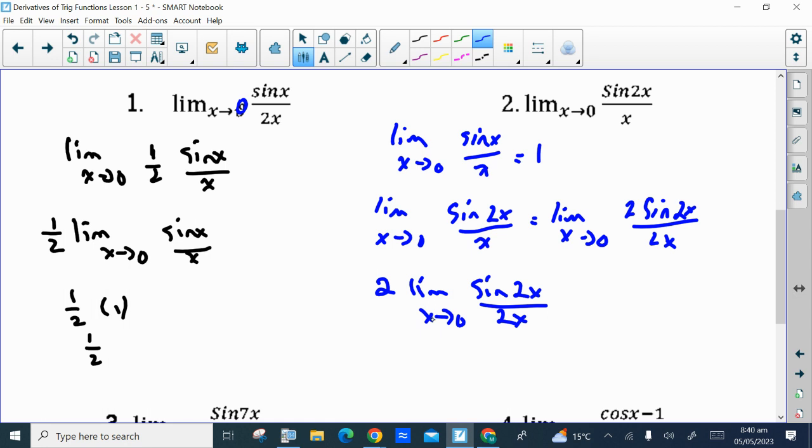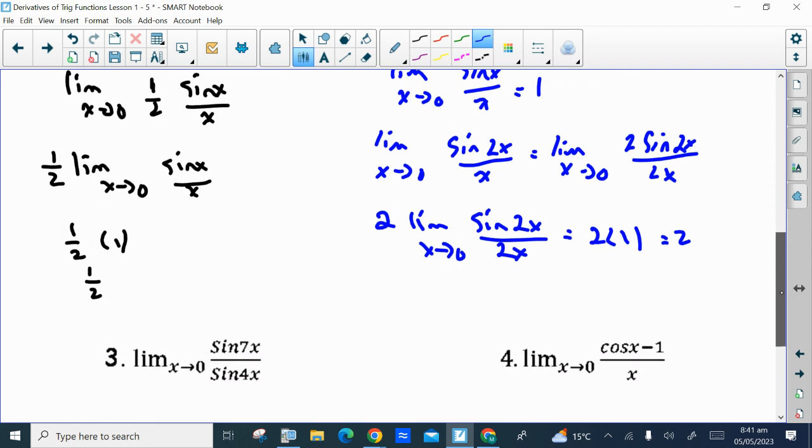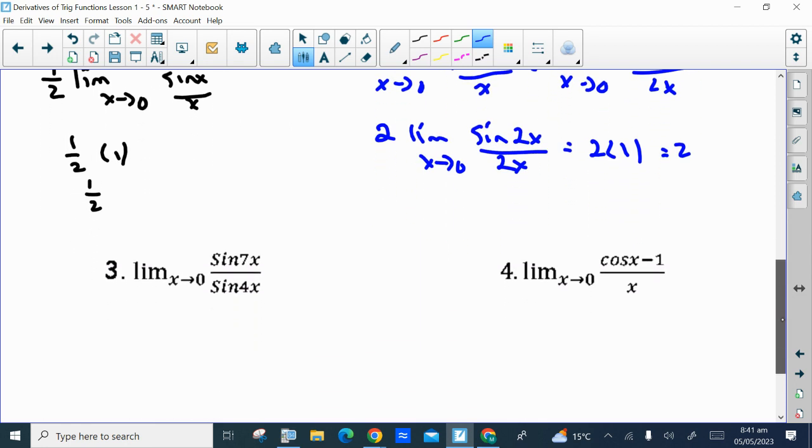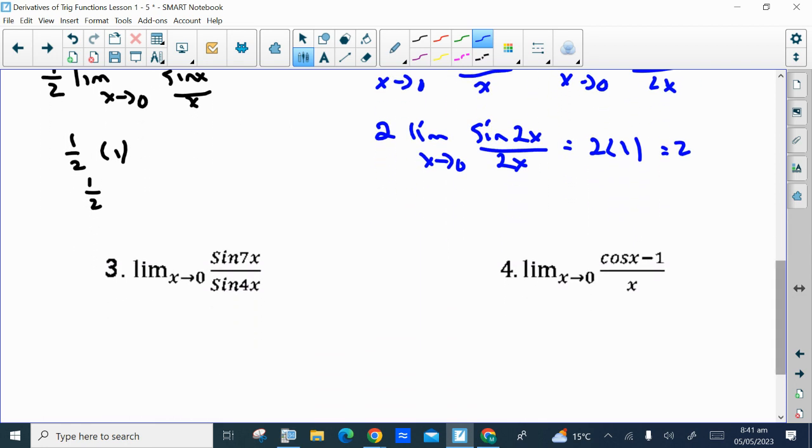And that part is 1. So this will be 2 times 1, or 2. So there's the answer. That's the value of that limit. The argument and the denominator have to be the same.